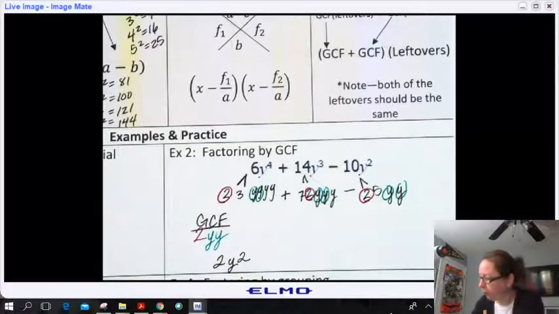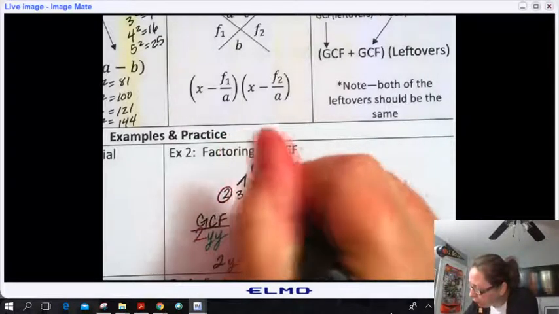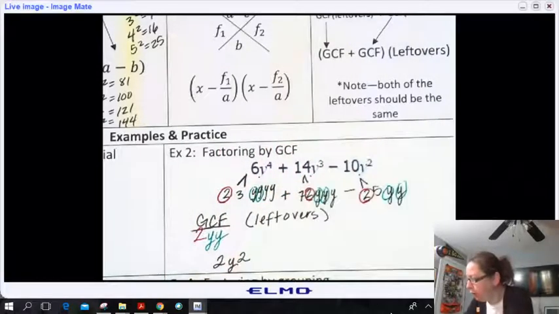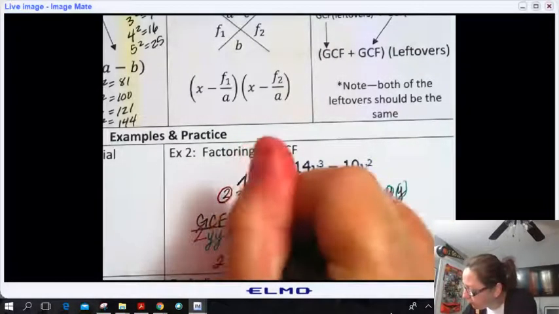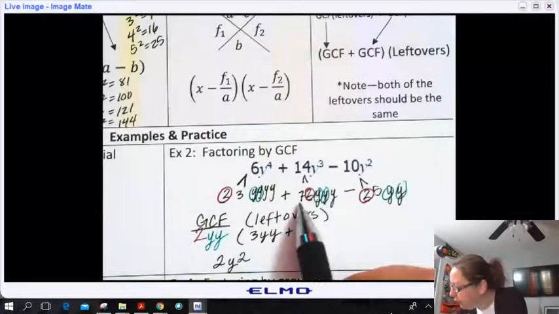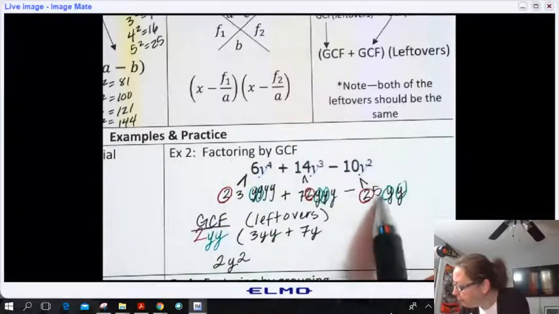Okay. Next, I'm going to bring down my leftovers from each of the 3 terms, and I'm going to put them in parentheses. So I have 3y, plus 7y, minus 5.